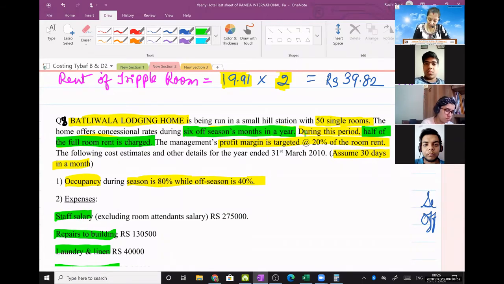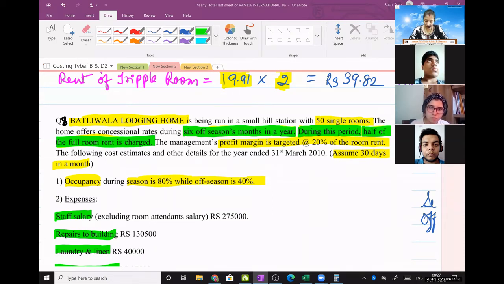During this period. Can anybody tell me which period they are talking about? They have written during this period, half of the full room rent is charged. What do you mean by this period? Write it in the chat box. Shali says 6 off-season months.